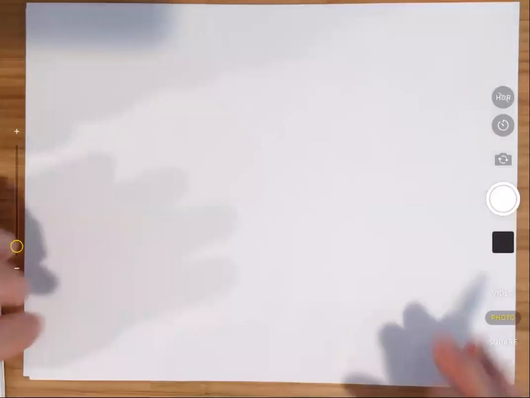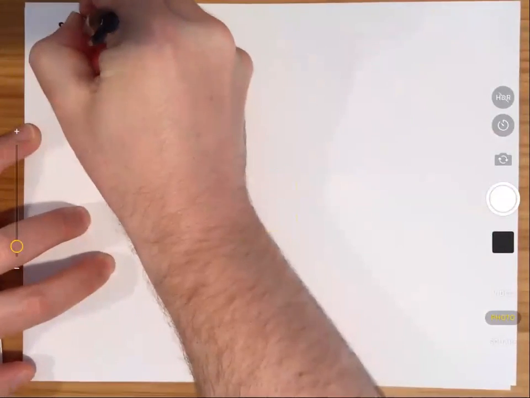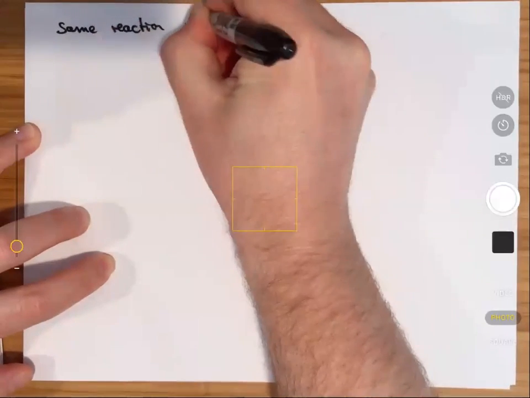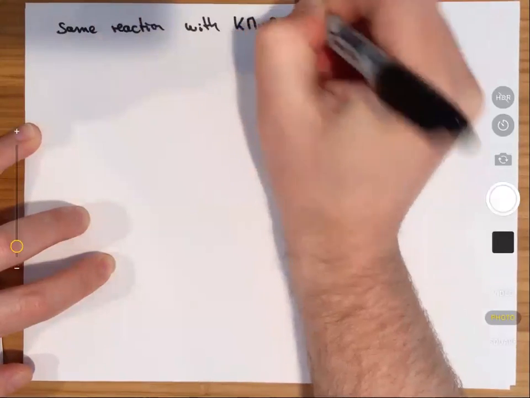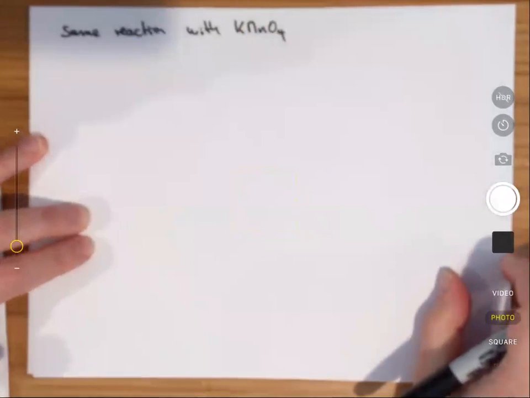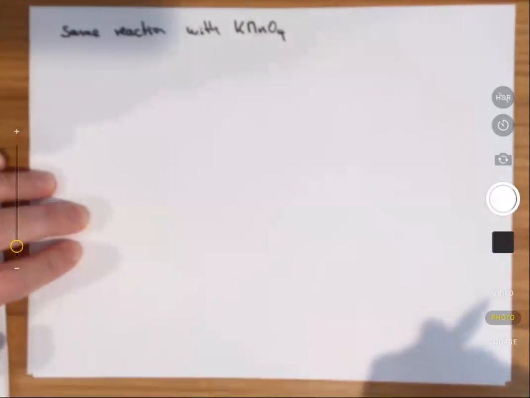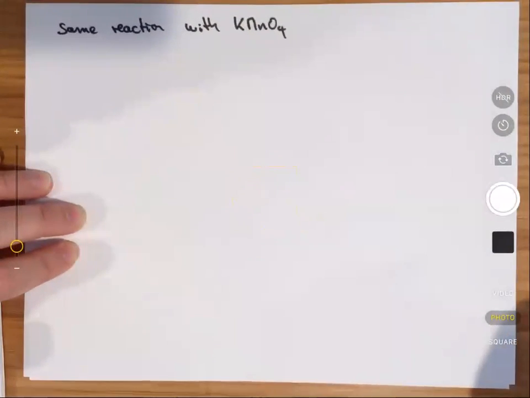So the same mechanism, you can actually perform it with potassium permanganate. Same reaction with KMnO4. And this would be, at a first glance, like a very viable alternative to the reaction with osmium tetroxide, because this is significantly less toxic than osmium tetroxide.